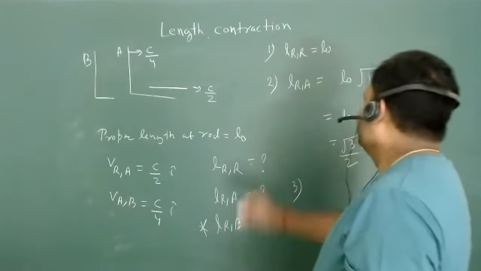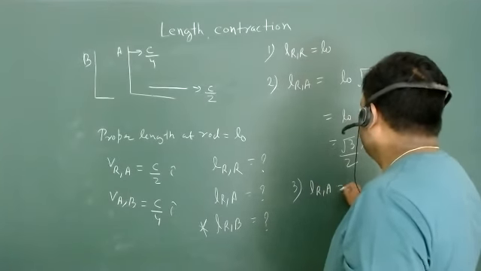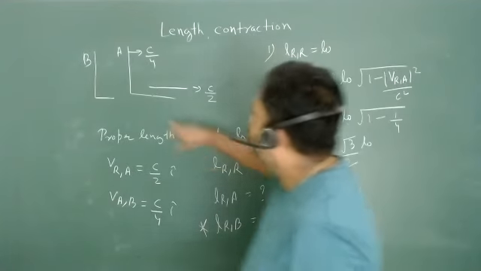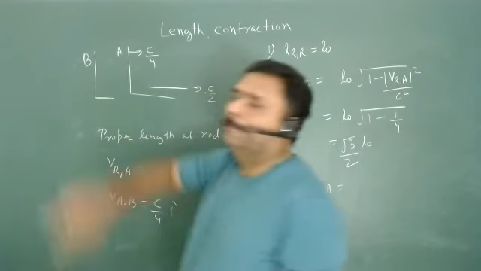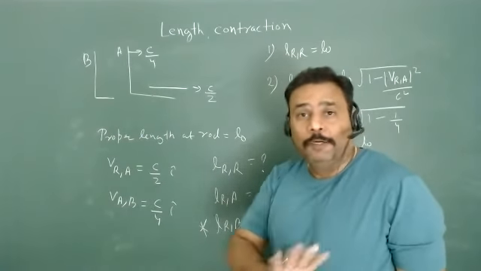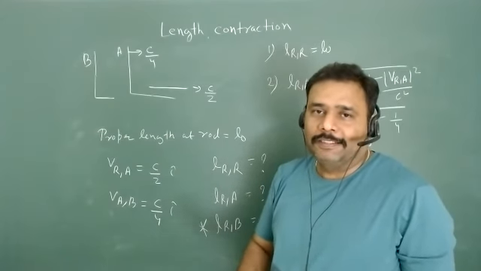And the third is very interesting. Length of the rod with respect to B. Some people will make this blunder and think that this length is the proper length for B. No, never. This is not the situation.